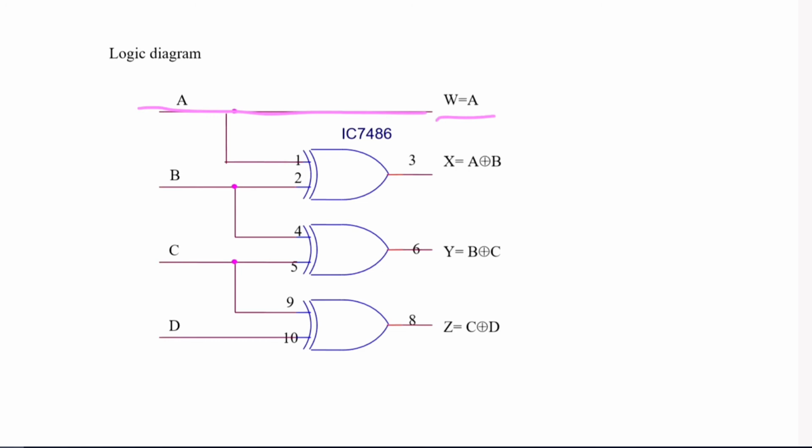And then we need 3 XOR gates, IC 7486. So take A and take B. Both are given to the XOR gate directly, so no other options. It is very easy to do. So we need only 3 XORs. Then B, C, then C, D combination. This is a simple logic diagram.